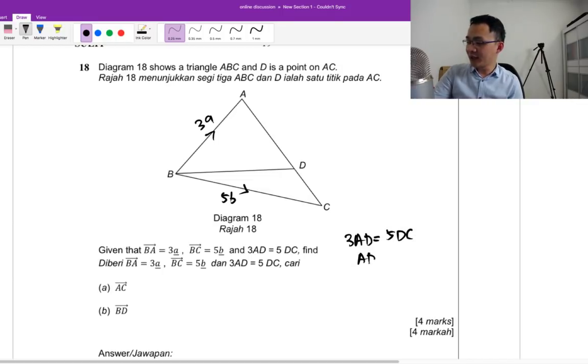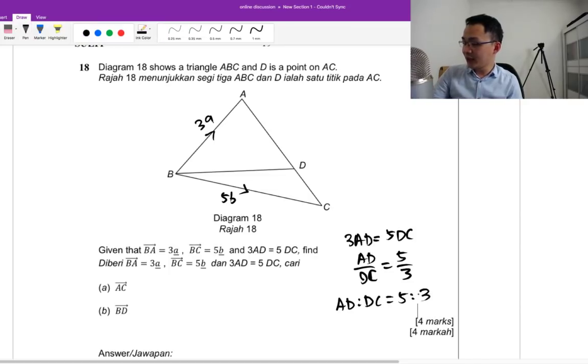So I will say AD over DC, I make it into a fraction first, equals 5 over 3. Therefore AD ratio DC equals 5 ratio 3. So AD is 5, DC is 3. I always change this into a ratio form because then it's easier for me to see it.